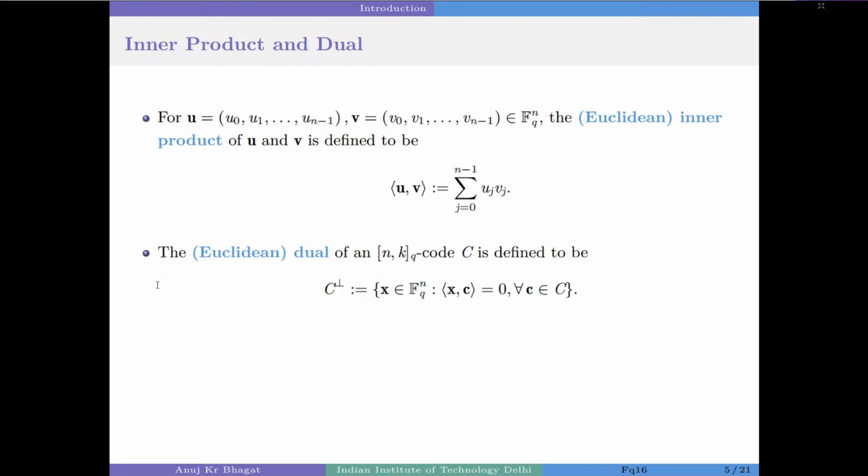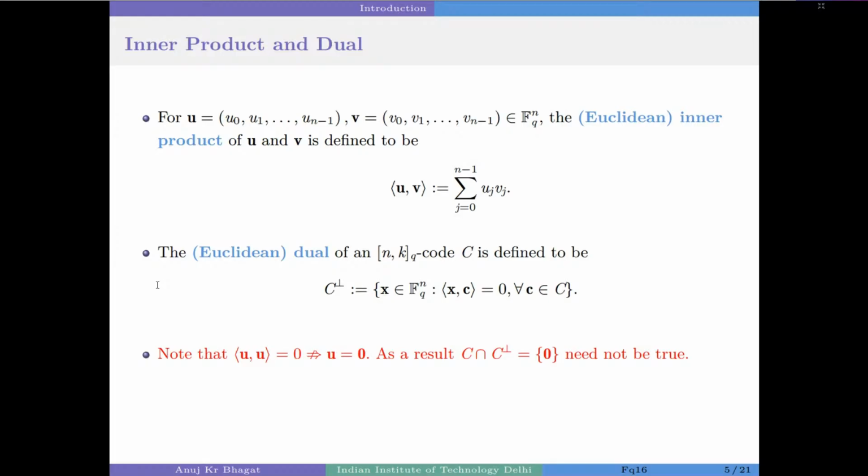That is, all those vectors in Fq^n whose inner product with every codeword is 0. So one thing is important to note here: that the inner product of u with u being 0 may not imply that u is 0. As a result, C intersection C perp may not be just the singleton zero element.